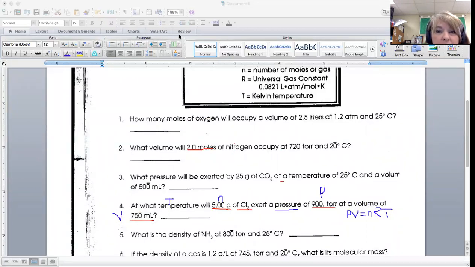We're going to need to do conversions on that one. So if you look at the marker board, if you're in my classroom, then you should see that 760 millimeters of mercury is equal to 1 atm. So if I divide 900 by 760, then that'll get rid of torr, and I will be in atm, and then I can just plug into my gas law.